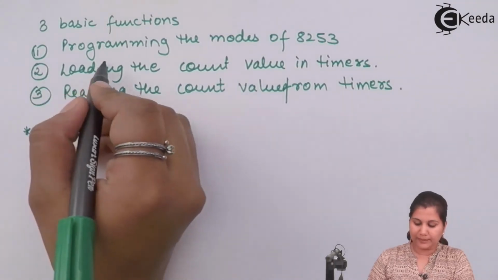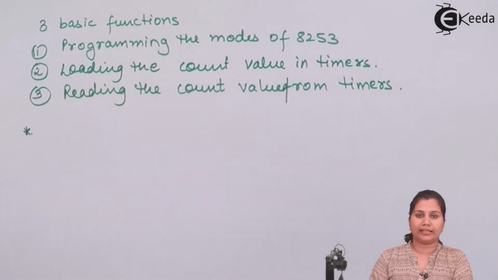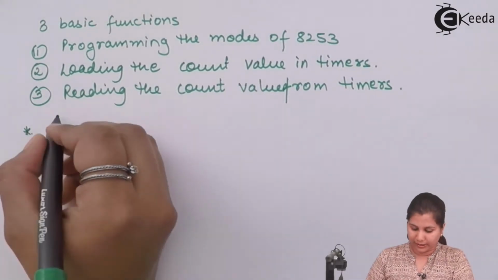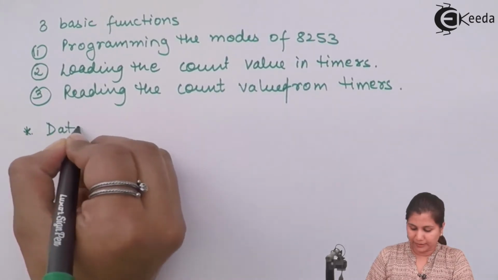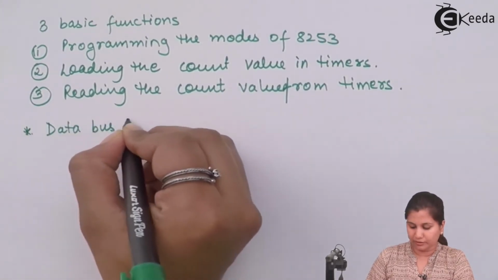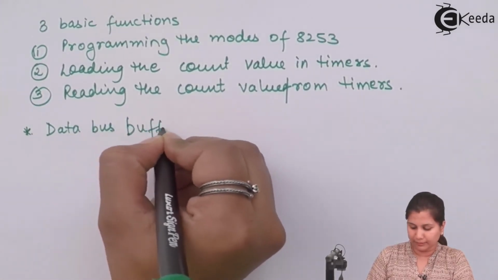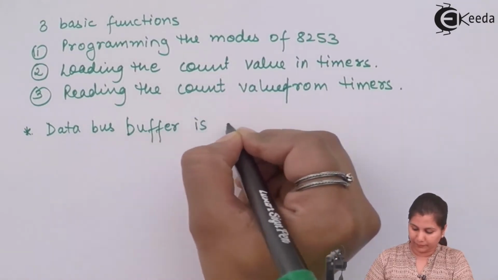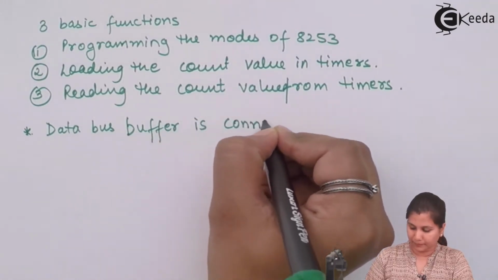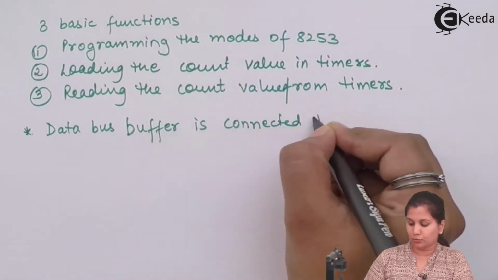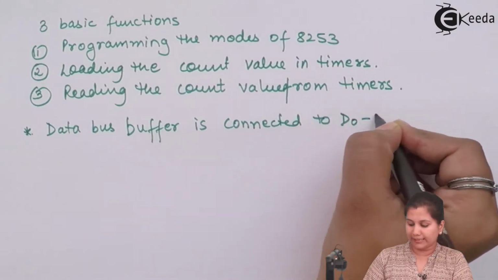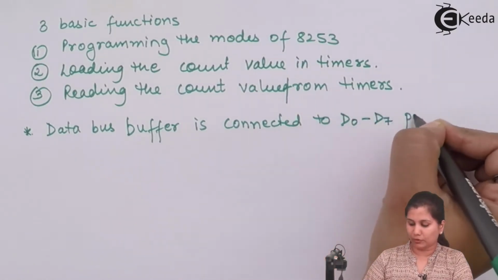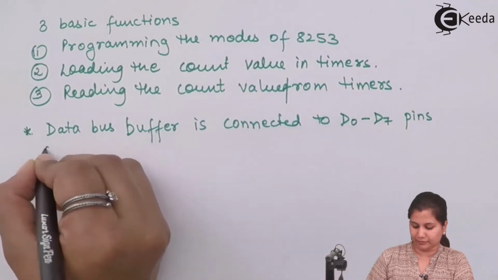Now this data bus buffer is connected to the data bus of the microprocessor. So we can say that the data bus buffer is connected to D0 to D7 pins of the microprocessor.